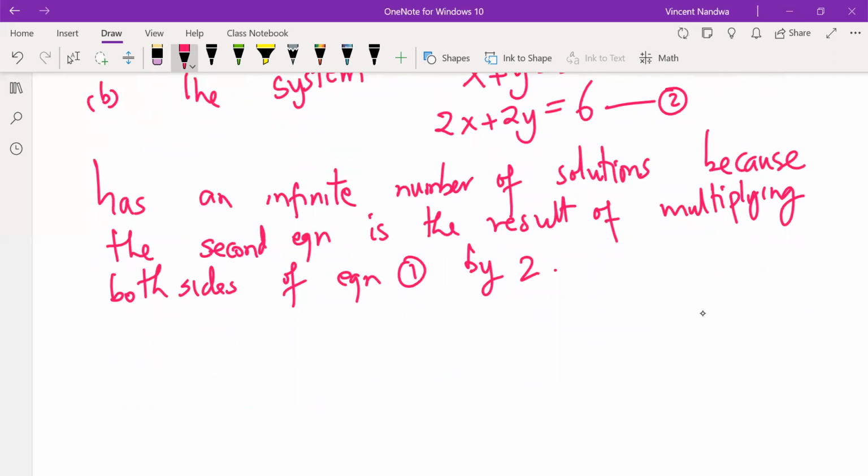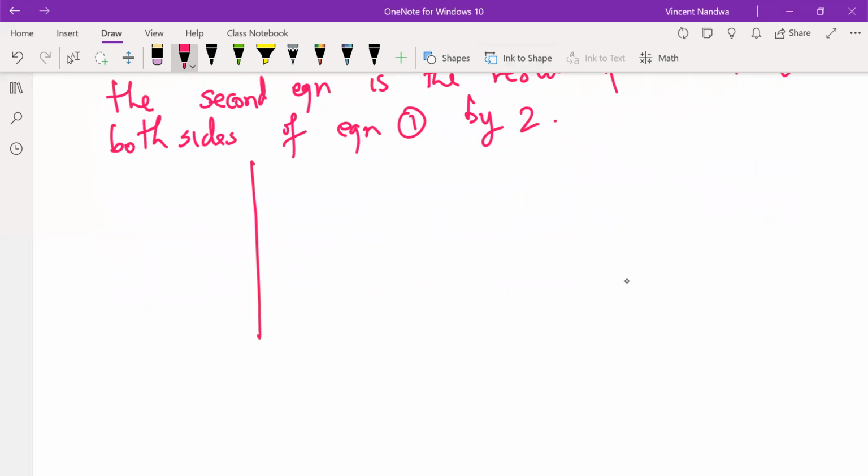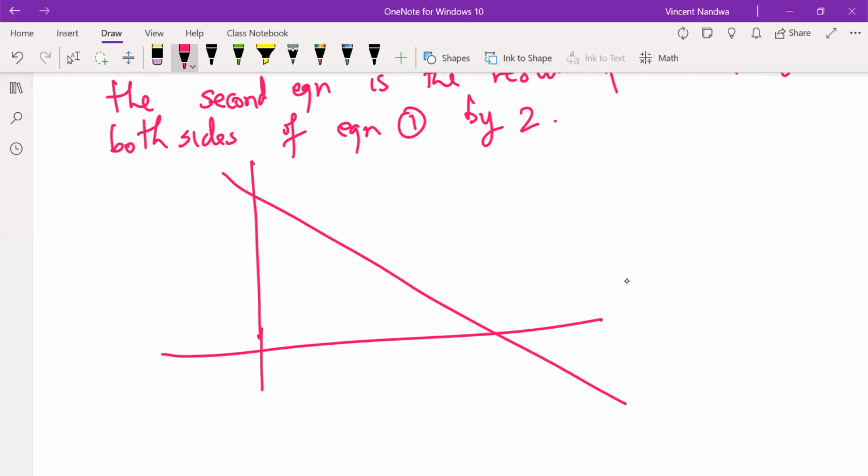So if you draw those two equations, these are actually the same line. So this is the equation x plus y equals 3, and the line 2x plus 2y equals 6 will be along the same line.